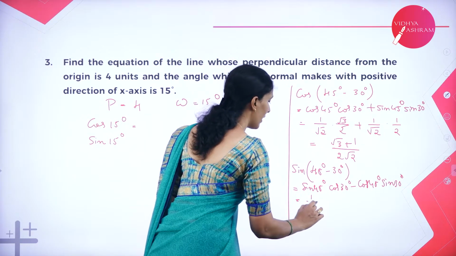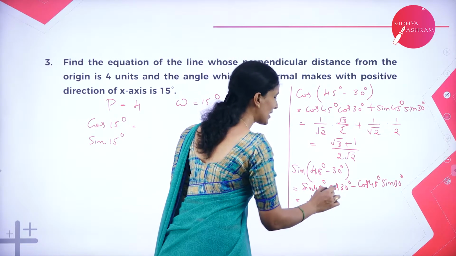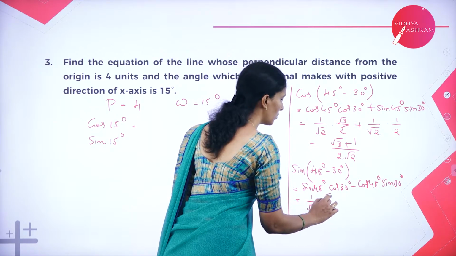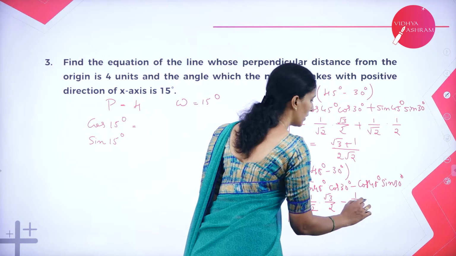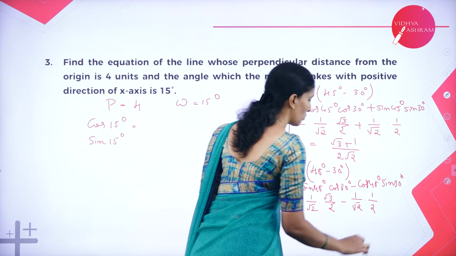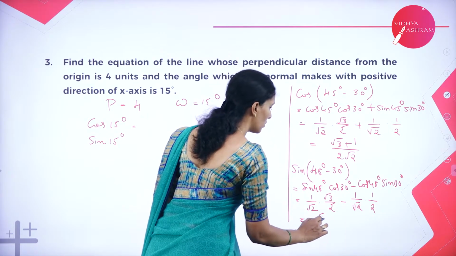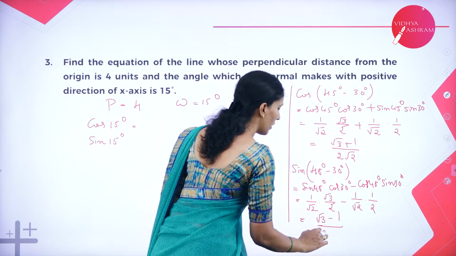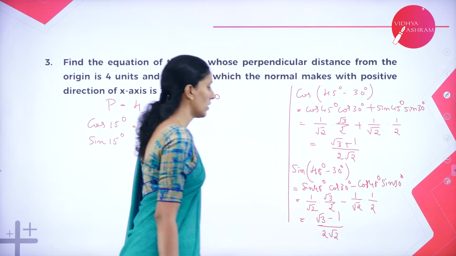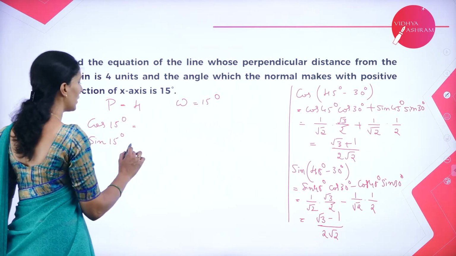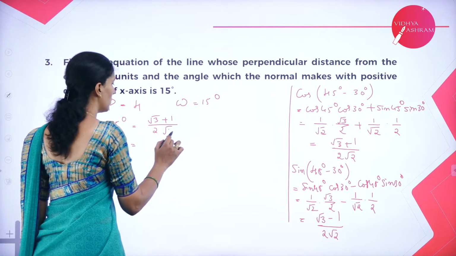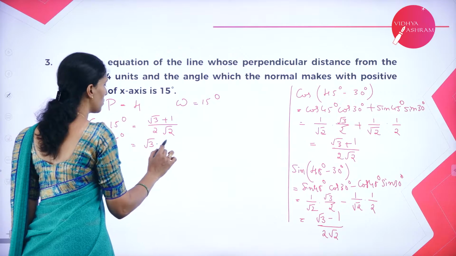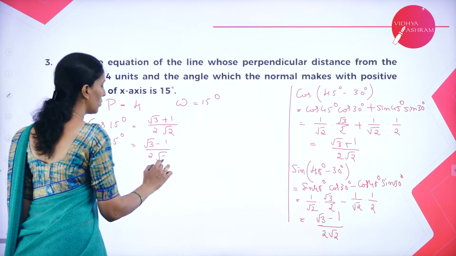So sin 45 is 1 by root 2, cos 30 is root 3 by 2, minus 1 by root 2 into 1 by 2. So this is root 3 minus 1 divided by 2 root 2. Therefore the value of cos 15 degree is root 3 plus 1 divided by 2 root 2. Sin 15 is root 3 minus 1 divided by 2 root 2.